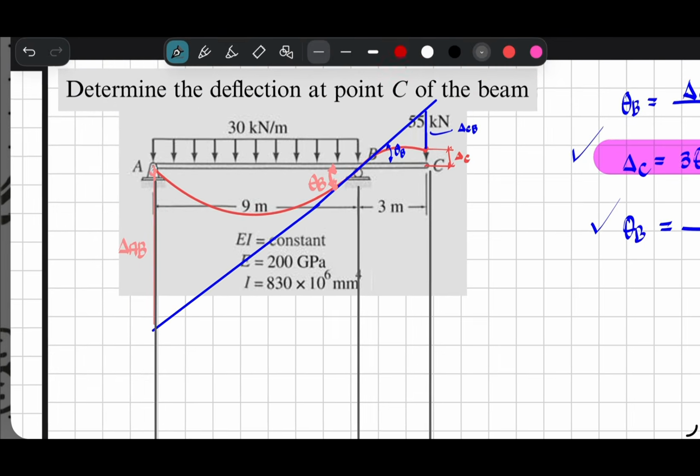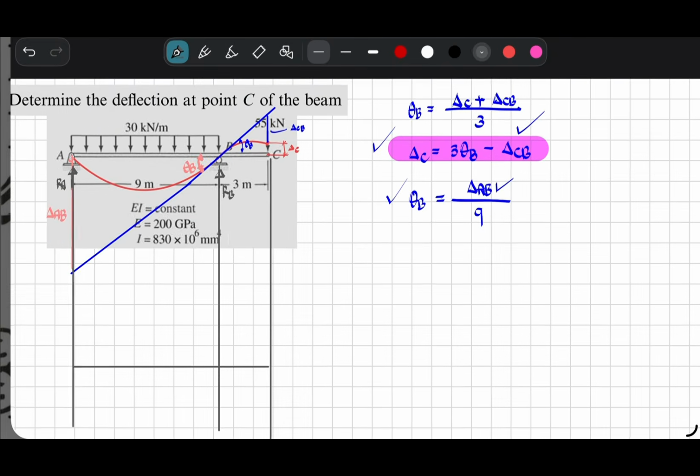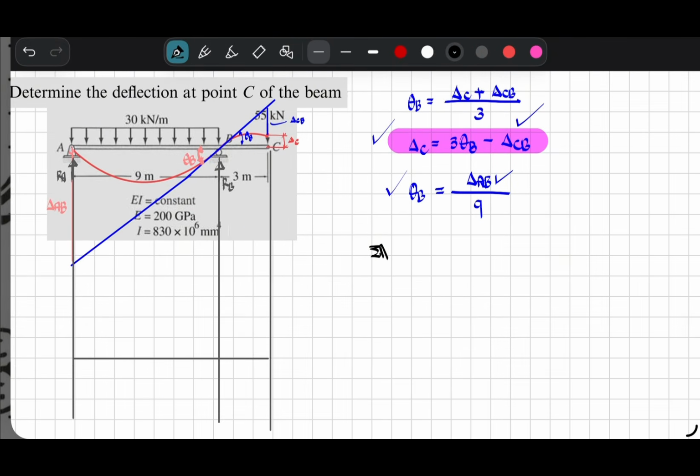Before we can sketch it, we need the reactions at the supports, RA and RB. Summation of moment at A equal to 0. Assume counterclockwise positive. RB times 9 is equal to 30 times 9 times 4.5 plus 55 times 12.